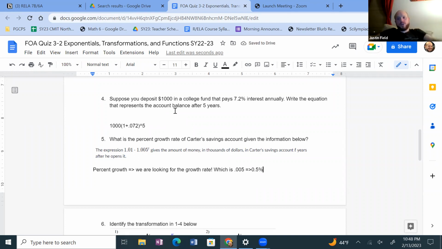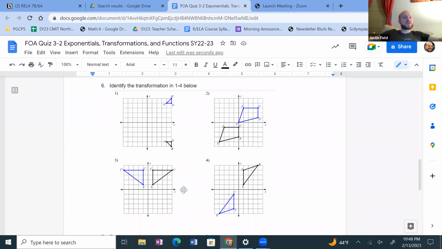So 0.05 would be 5%. So 0.005 would be 0.5%. Any questions? Didn't think so.